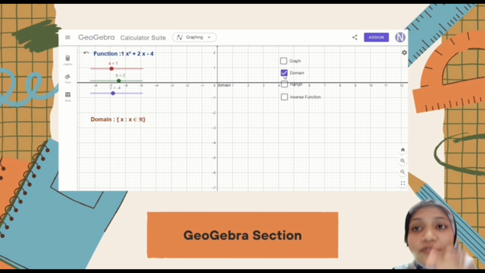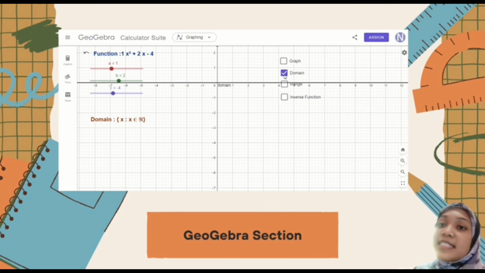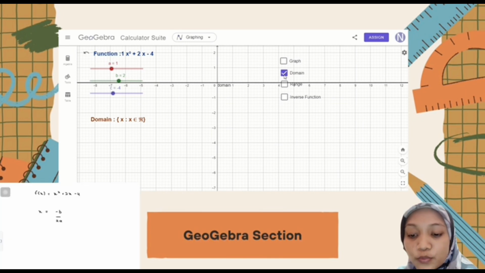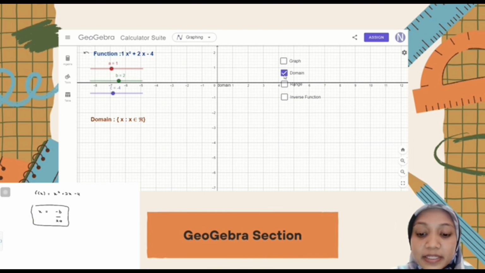For range, it's different from linear. It will have a limit, for example, more or less than the maximum or minimum point. So how do we calculate the maximum or minimum point? I have one method. The formula you need to remember is x equal to negative b over 2a.